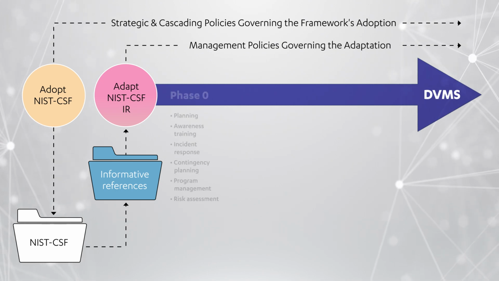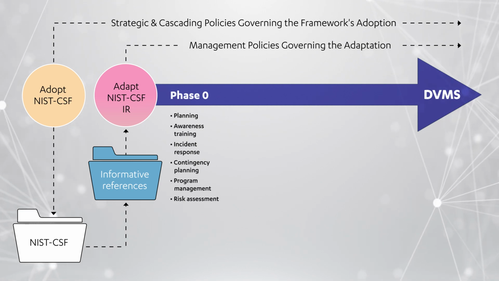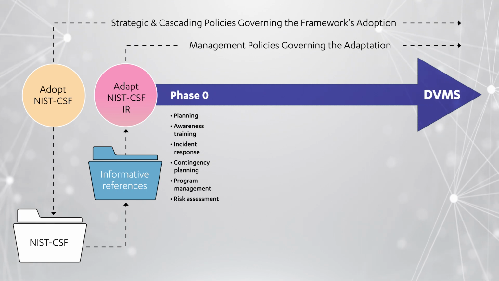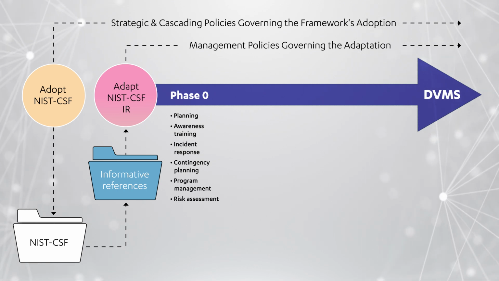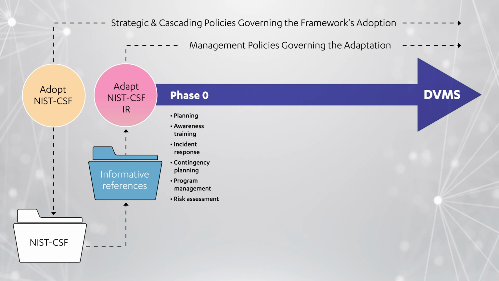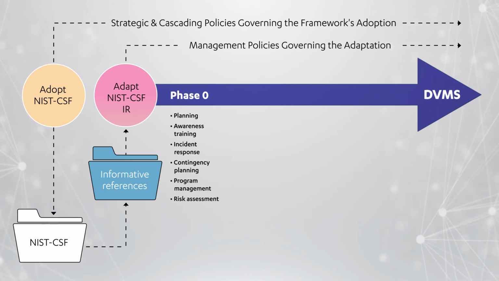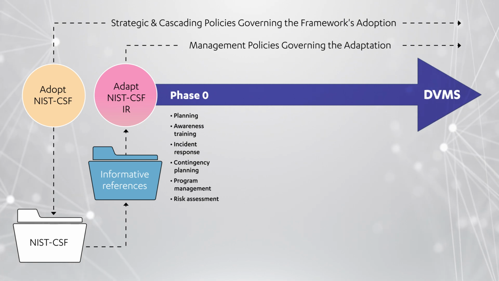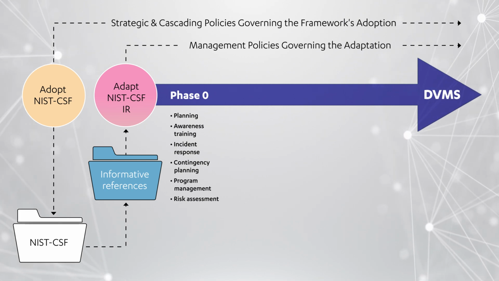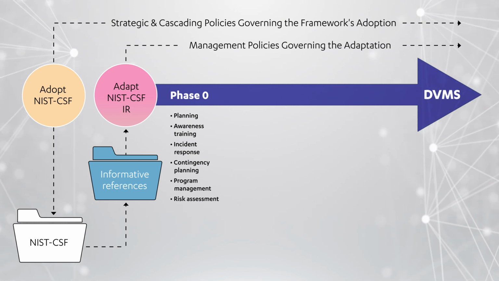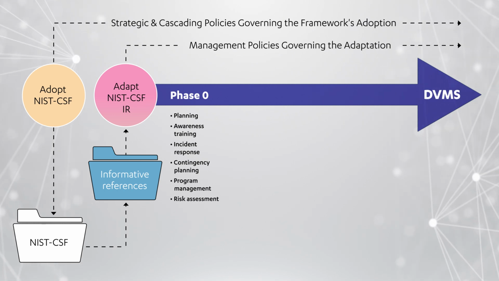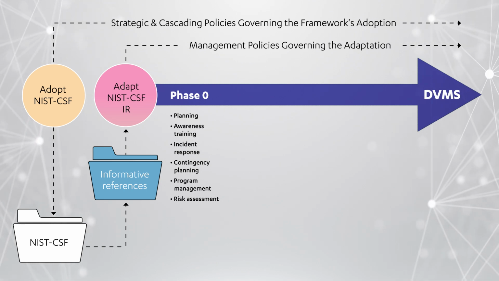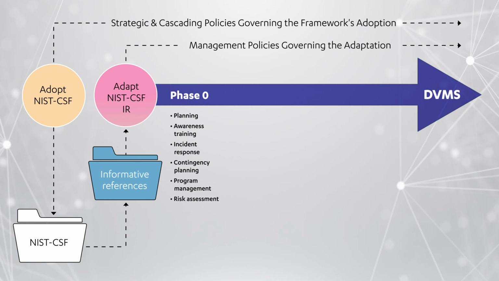In phase 0, we might be looking broadly at how we do effective planning around our cybersecurity risk management program, how we ensure a core level of awareness and training, how we go about doing things like incident management and incident response planning, how we plan for contingencies to respond and recover in the event of a cybersecurity incident, how we establish or verify the capabilities that we need to manage our cybersecurity risk management program, as well as our general approach to how we do risk assessment.